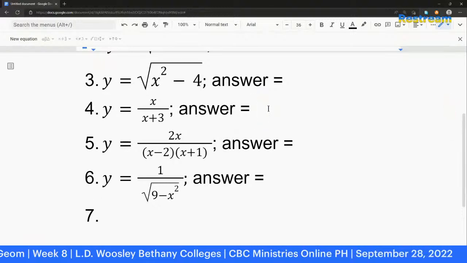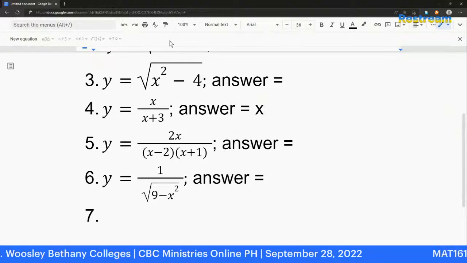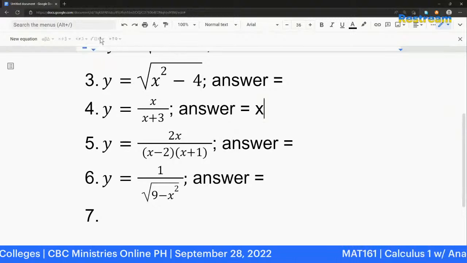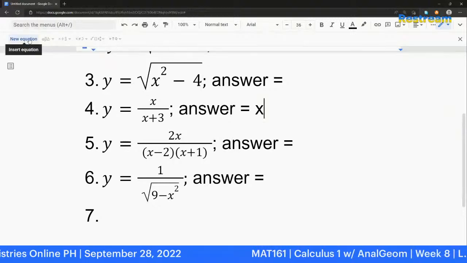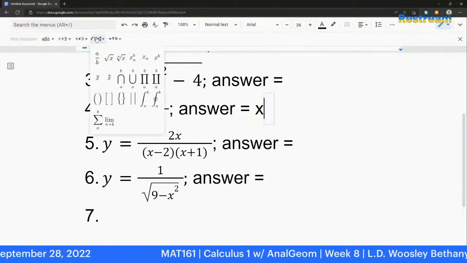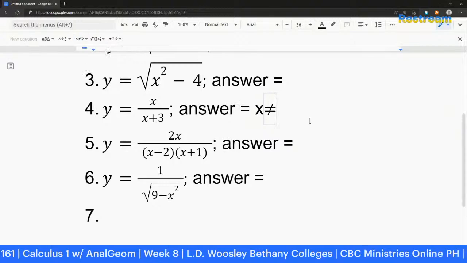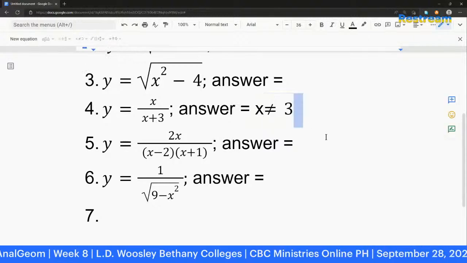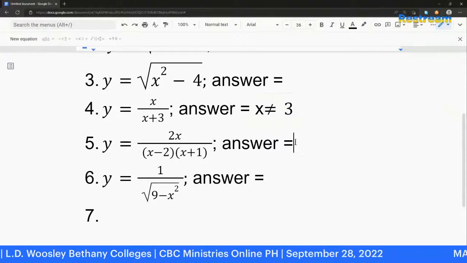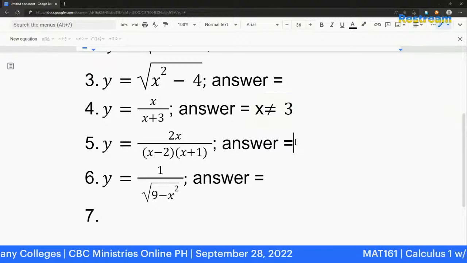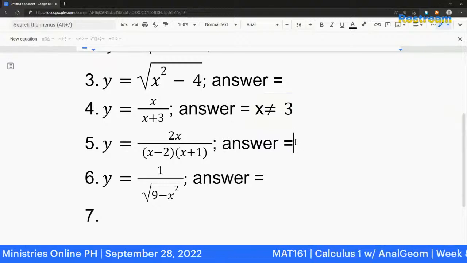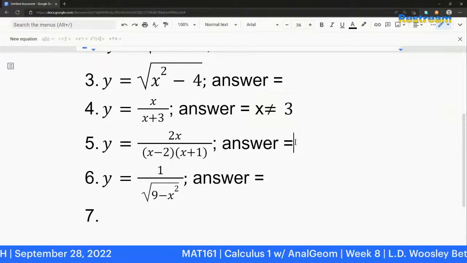So, ang sagot dyan ay x not equal to, tingnan ko kung meron tayong ano dito. May symbol na ganun. Yun, not equal. Not equal to 3. Ayan. Okay, so that's the answer. Okay, sumagot na rin so tama si Gian doon.